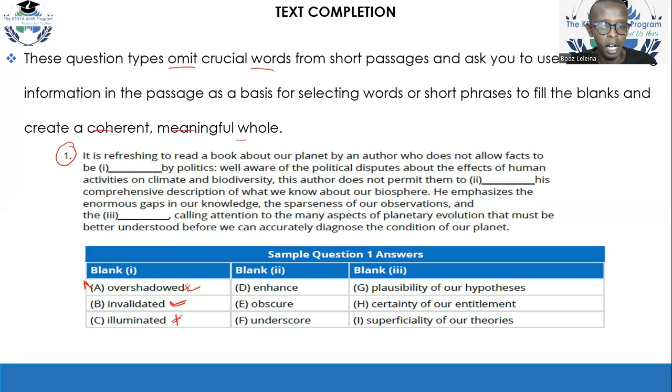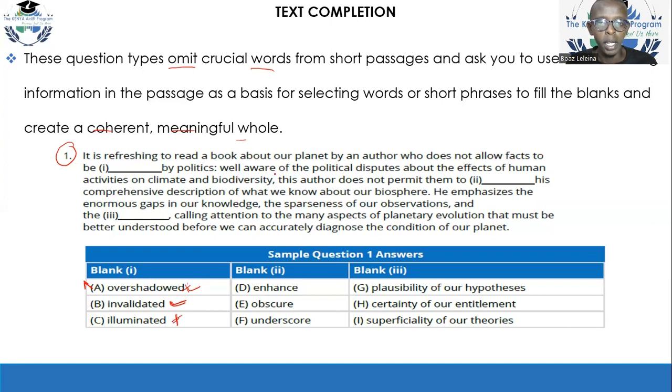So maybe after reading the book, I was illuminated on that topic. So illuminated does not really work here. But option A, overshadowed, and option B, invalidated, could both be correct answers here. So we have to look at the next blank in order to make sense of these answers and to find the one that is the most correct.